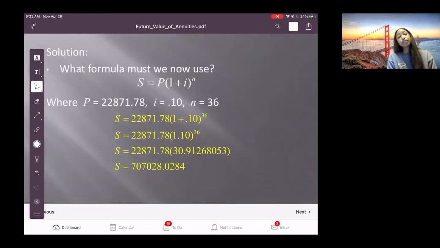So after the first 8 years investing into the annuity, then twin one stops making annuity payments, but the money still is in the account earning interest. And after 36 years, the money in the account ends up growing to $707,028.03.